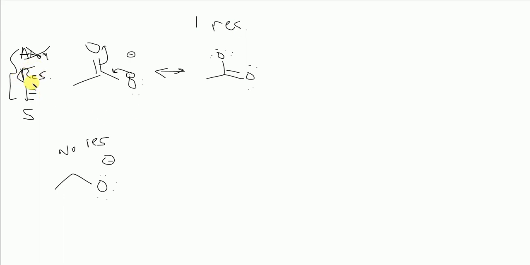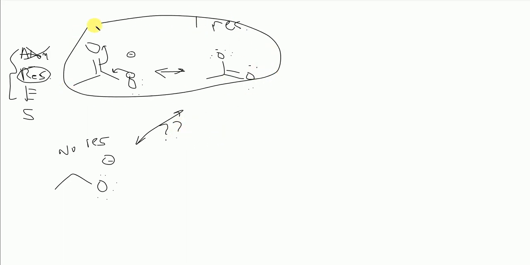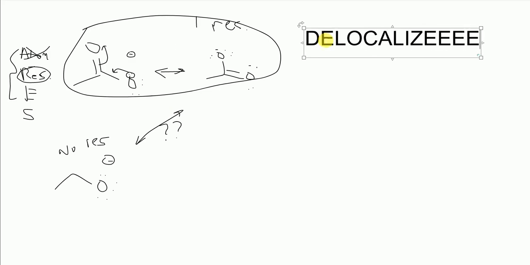So when I compare resonance, which one is better? This one is better, because the more resonance I have, the better. The whole function of resonance is to stabilize a molecule, to delocalize, a very important word, write it, to delocalize my charge.